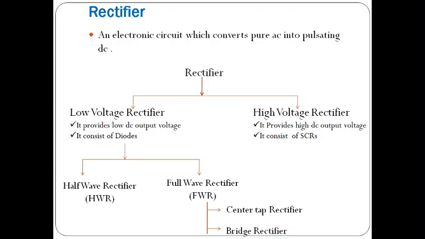In the half wave rectifier, it rectifies only half of the input signal, and the full wave rectifier converts AC to pulsating DC for the full signal.